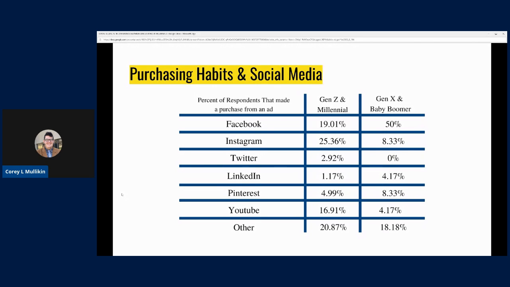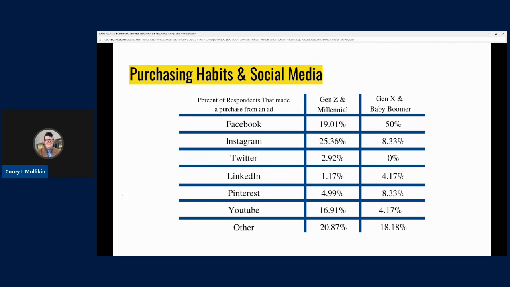Again, I have to commend the honesty of these respondents. A fair amount on the Gen Z and Millennial side said, oh, I've bought stuff off of porn websites. I didn't know that classified as social media, but they felt it did. And a couple Reddit. A lot of people said Reddit they had bought off of. But ads on Reddit are very particular, so I didn't look too much into that.